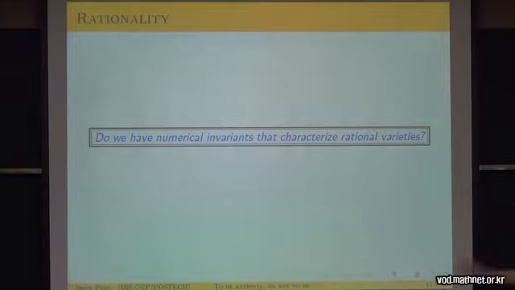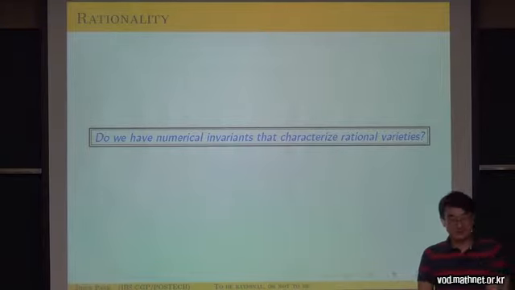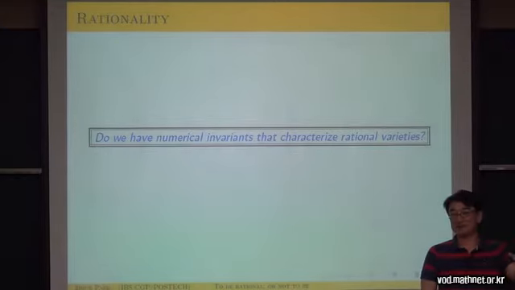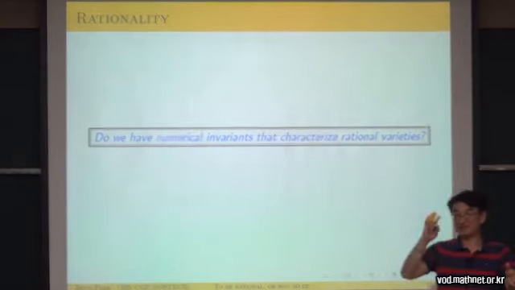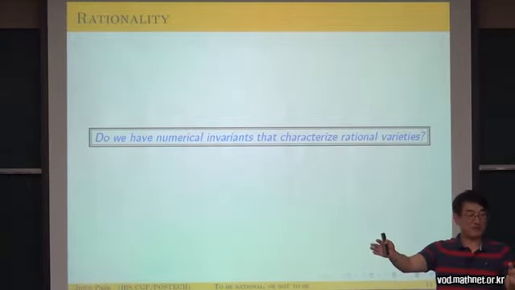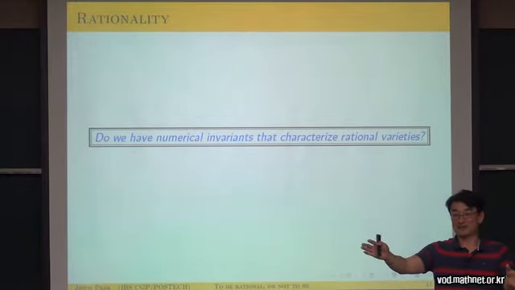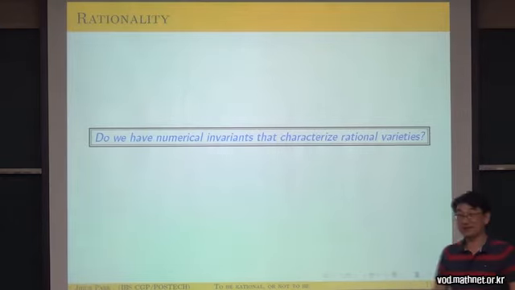If you have such a numerical invariant, it's simple. Oh, this guy has this numerical invariant, like 1 or 2 or something like this, then it's rational. If not, then it's not, so this parameterization problem has no solution. It's simple, right?